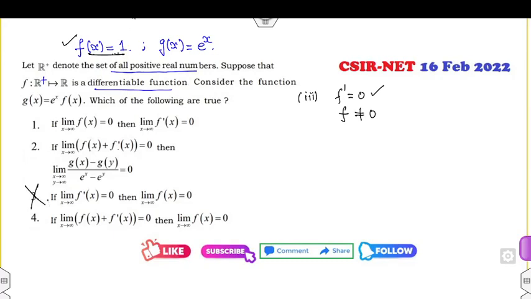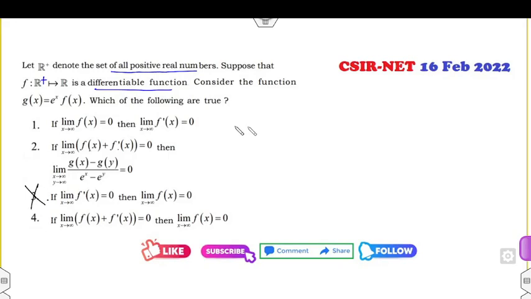Fine. So the third option I have discarded. Now the rest of the examples, this case is not applicable. So now we can think about the other example. Now look at the first one. The first one suggests the limit as x approaches infinity of f is 0. That means the limit exists and is unique.